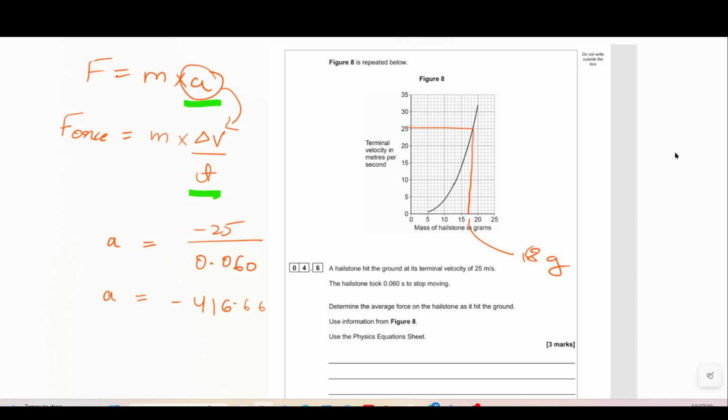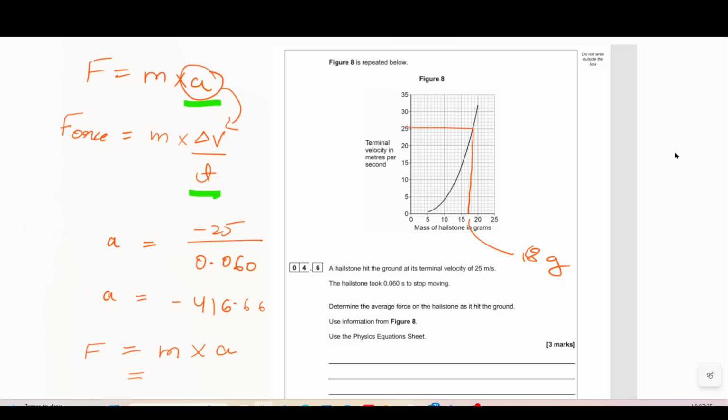Then use acceleration to find the average force. Resultant force equals mass times acceleration. Mass is 18 grams, as given.